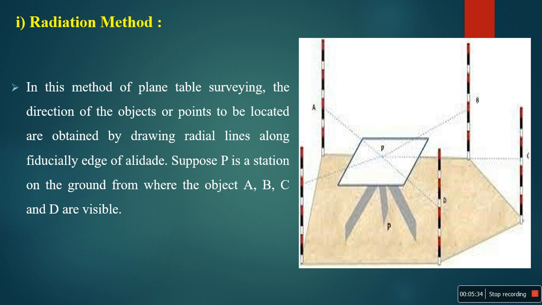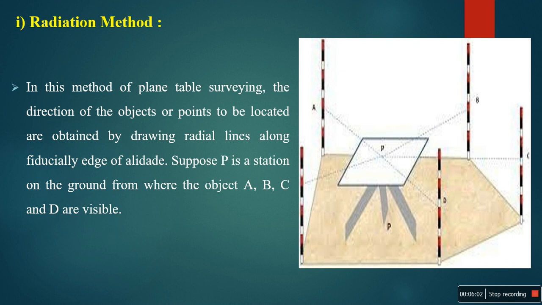Then we draw the radial lines and join them, and we get the plan or map of the area. In the figure, the plane table instrument station is P. Then there are 5 ranging rods set up around it, and the points are named A, B, C, D, E.